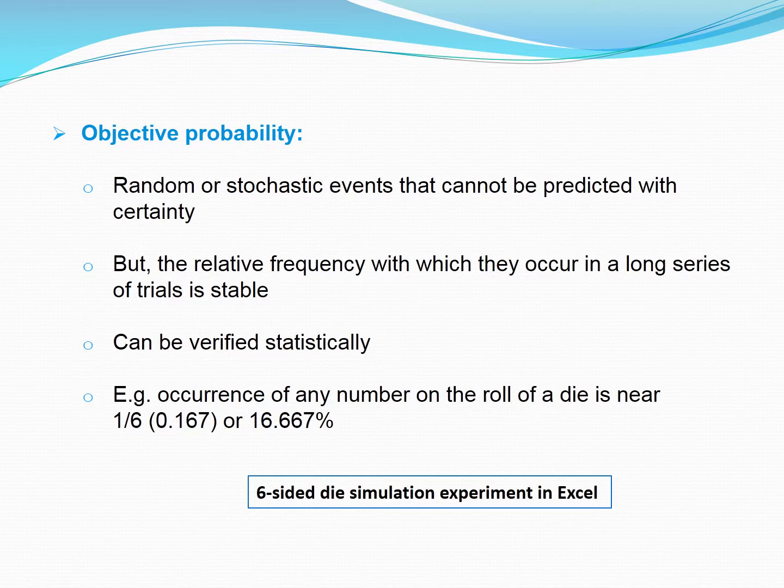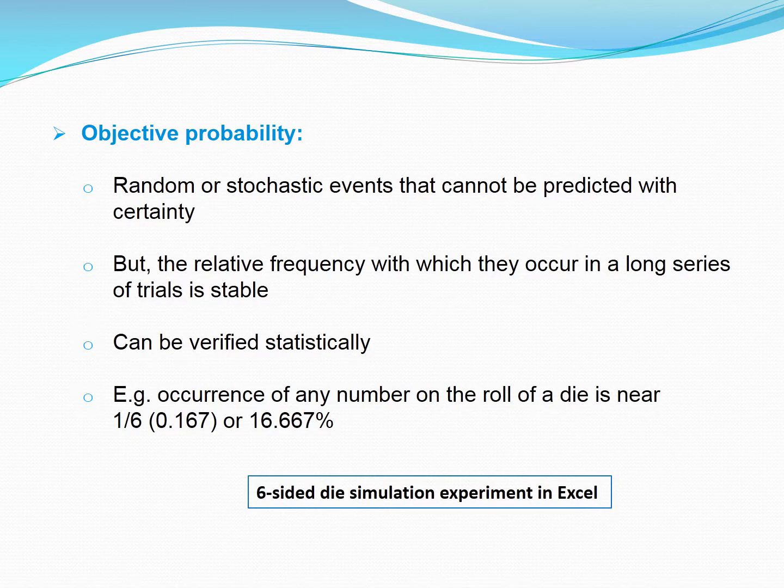And if you think back to STTN 111, the relative frequency was given by the frequency divided by n. So your frequency is just the number of times that a certain event occurred, and n will be the total number of times you did the experiment in this instance. So it can be verified statistically.